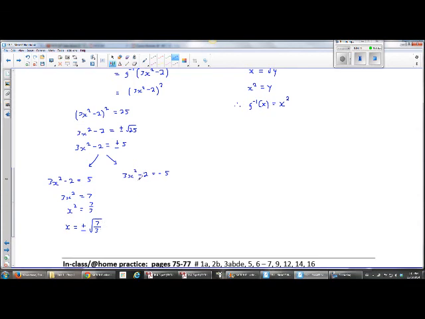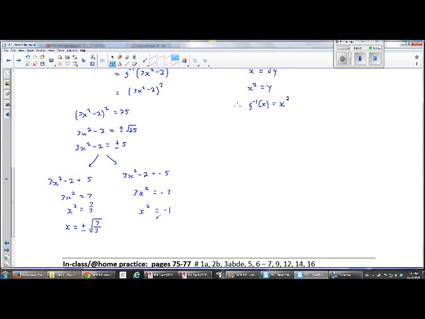So now for this other option, when 5 is negative, we add 2 to both sides, so we get 3x squared equals negative 3. Divide both sides by 3, so we get x squared equals negative 1.